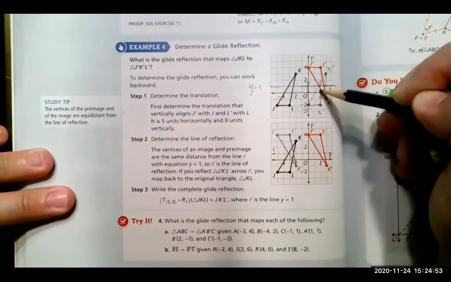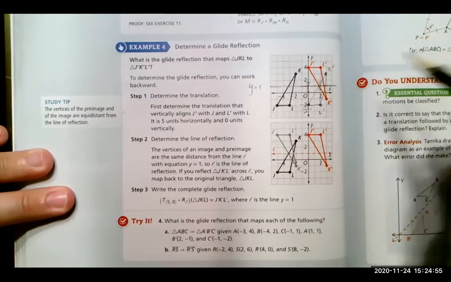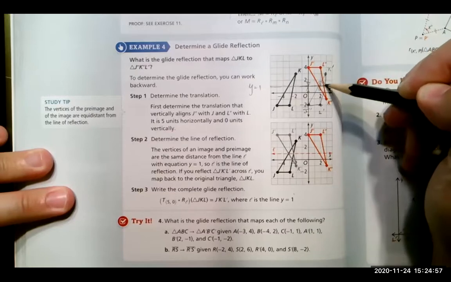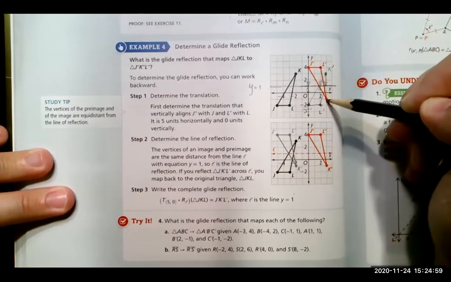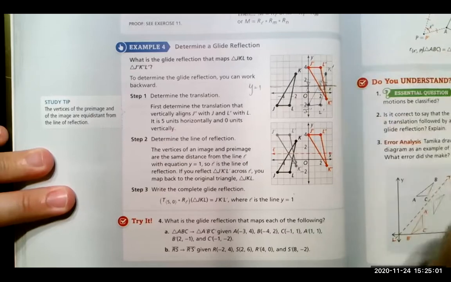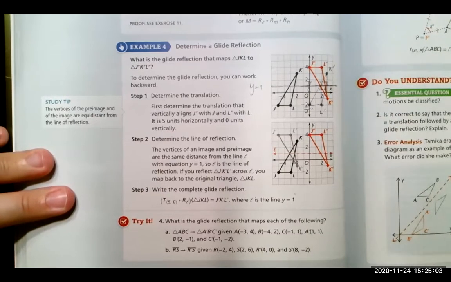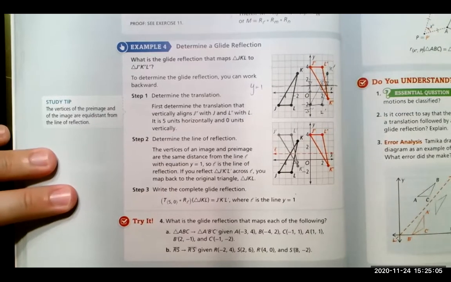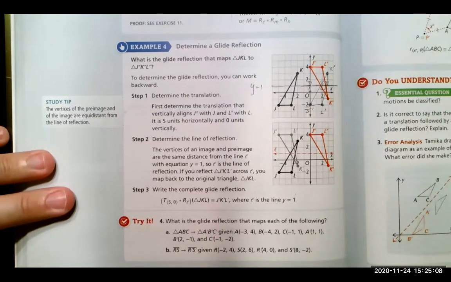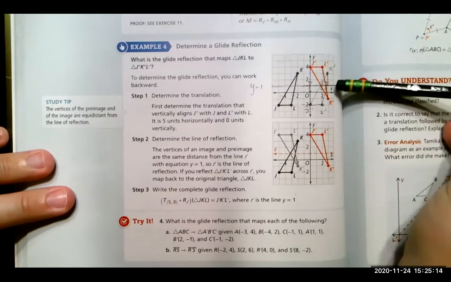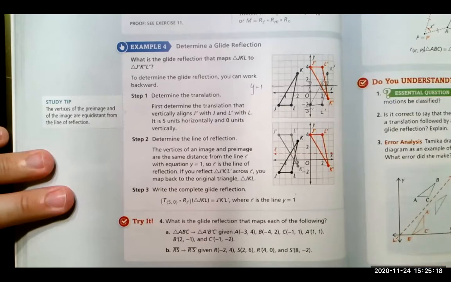From L prime to that line is 3 units. From K double prime to that line is 2 units. From K prime to that line is also 2 units. So all of those distances have to be equal between the pre-image and that line of reflection, as well as the image and that line of reflection. That's how I know that the line of reflection has to be y equals 1. Otherwise, the distances wouldn't be the same.